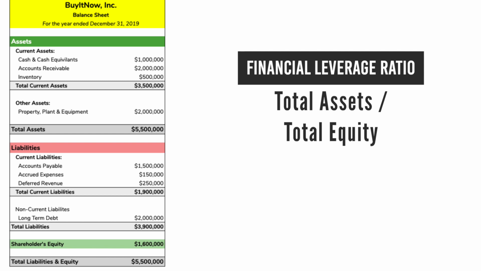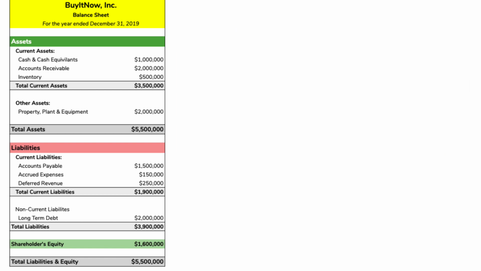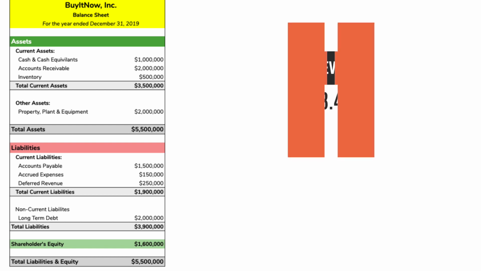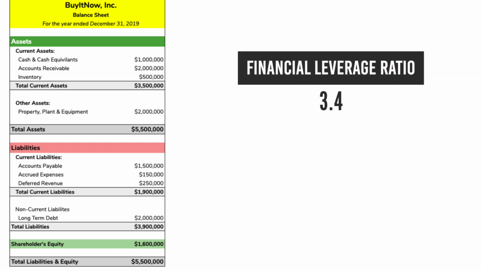If you look at the balance sheet here, total assets are 5.5 million and total equity is 1.6 million. By dividing assets by equity, this KPI is trying to say how much of the assets are supported by equity in the company. So the result of the ratio is 3.4.